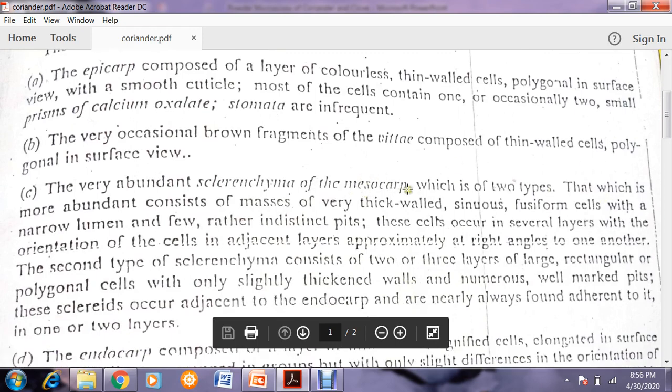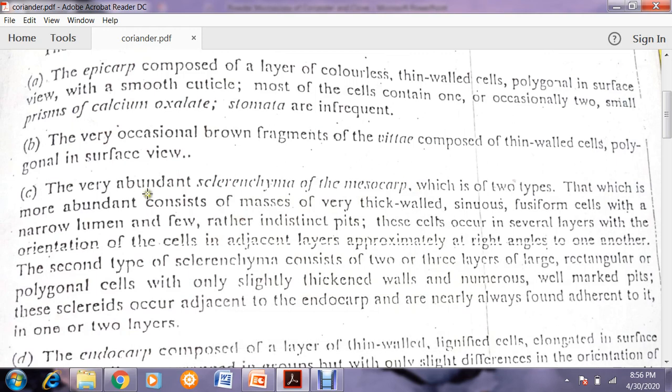Now the third one is the mesocarp, the middle layer. The very abundant sclerenchyma of the mesocarp. As I told you in my lecture, Introduction of Powder Microscopy, in which I discussed different types of tissue systems in the plant, let's repeat it: the ground tissues, sclerenchyma, are the oldest tissue, which contain a number of phytochemicals and depositions in it.